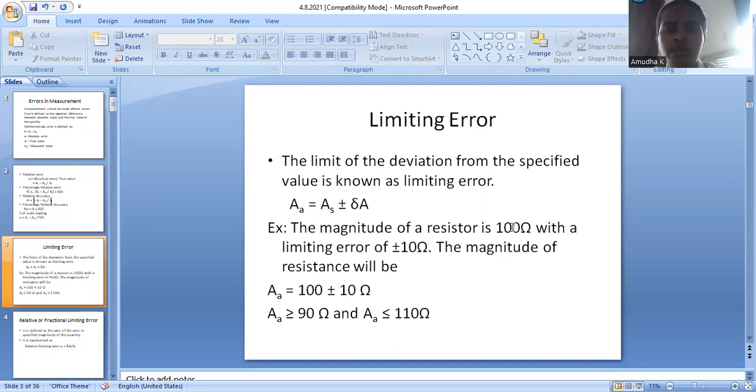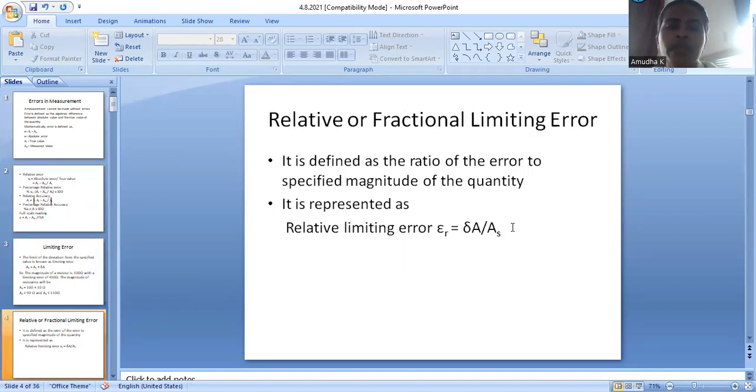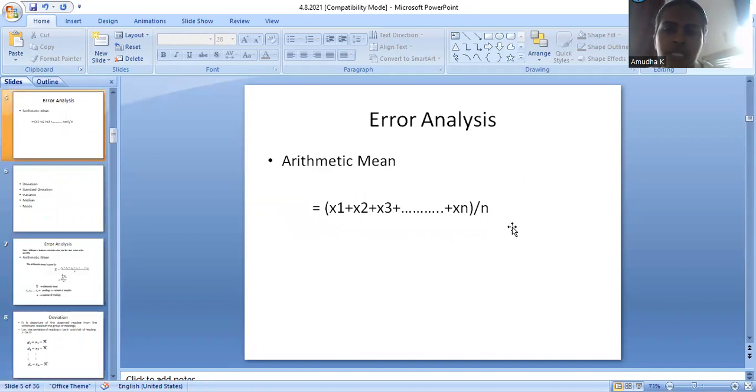So the acceptable value is greater than or equal to 90 ohm and less than or equal to 110 ohm. Then next, relative or fractional limiting error. It is defined as the ratio of the error to the specified magnitude of the quantity. It is represented as relative limiting error, expressed by epsilon suffix R, which is equal to del A by A suffix S.